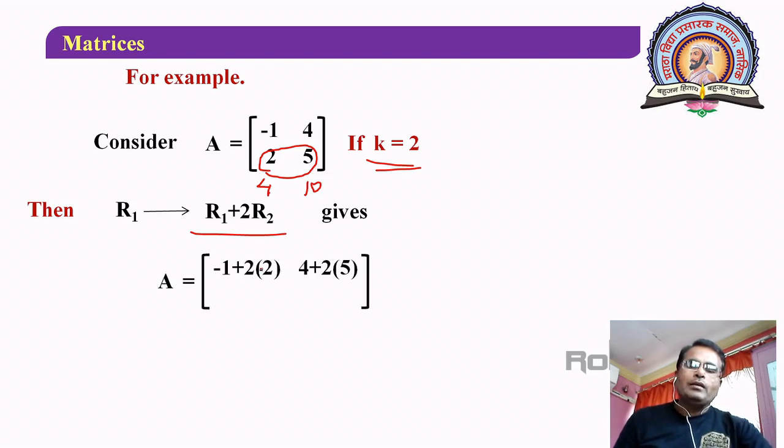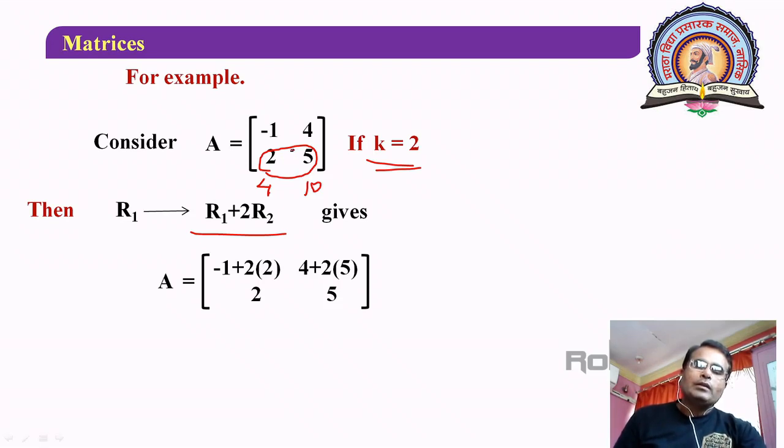So A results as: minus 1 plus 2 into 2 will be there. Similarly, at the second position, 4 plus 2 into 5, that is 4 plus 10, is there. The second row remains as it is.